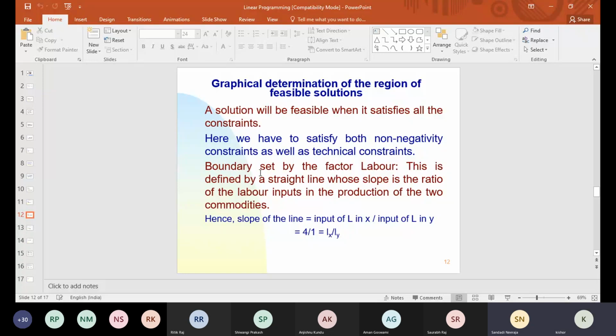So how is the boundary set by labor? The equation was 4x plus 1y is less than or equal to 400. Okay. So here the slope is determined by input of labor in x, this is 4, divided by input of labor in y, this is 1. So 4 by 1, ultimately you are getting a value of 4.